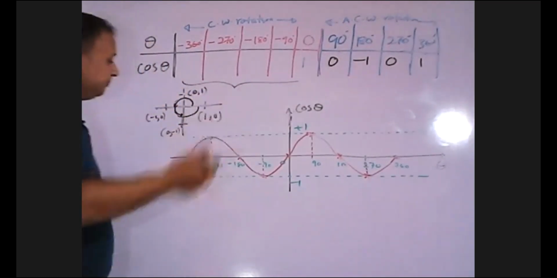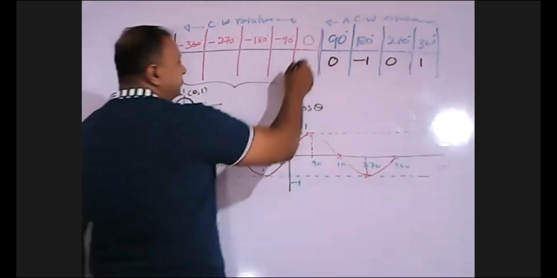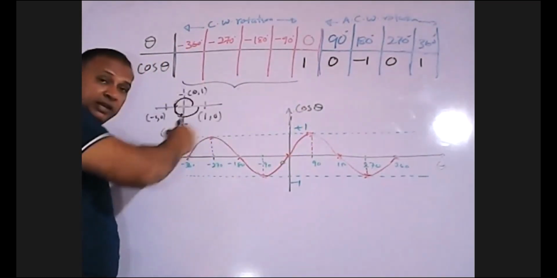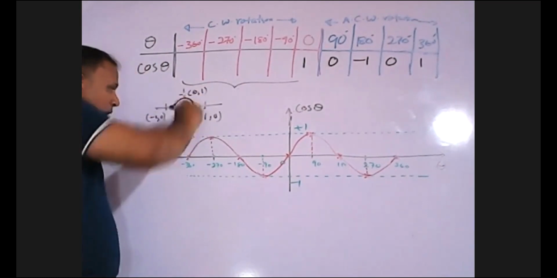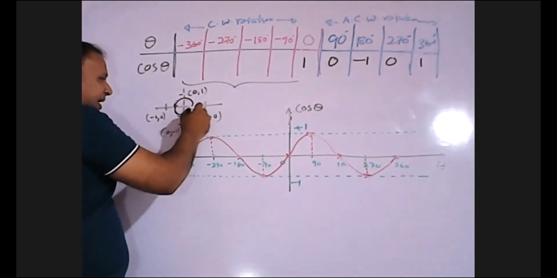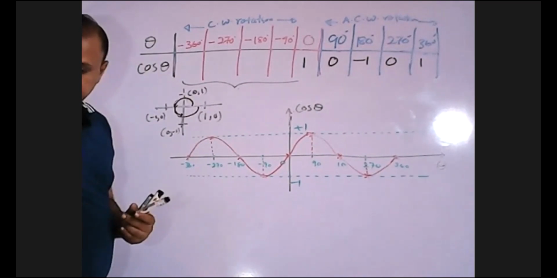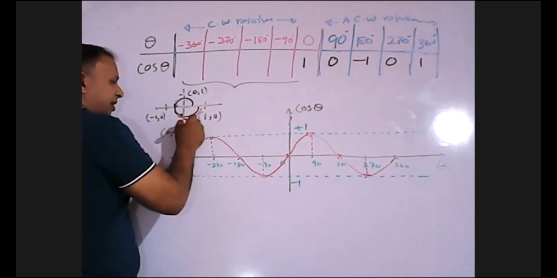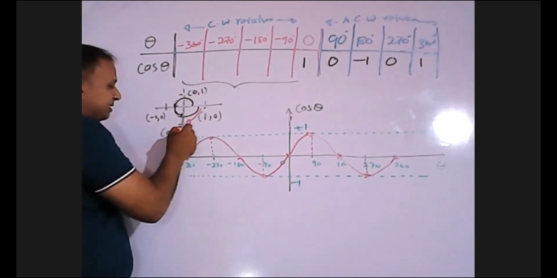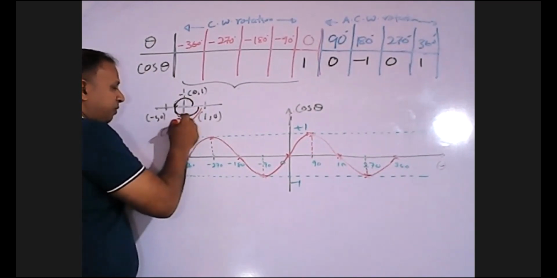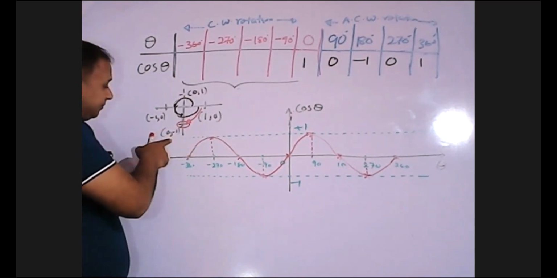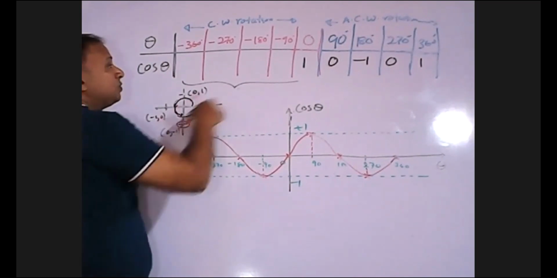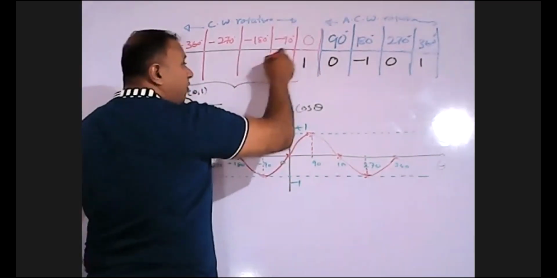Then go for the other side. Minus 90 means you have to rotate this one in clockwise direction. The point corresponding to minus 90 is this one. So x value is 0. So cos minus 90 is 0.